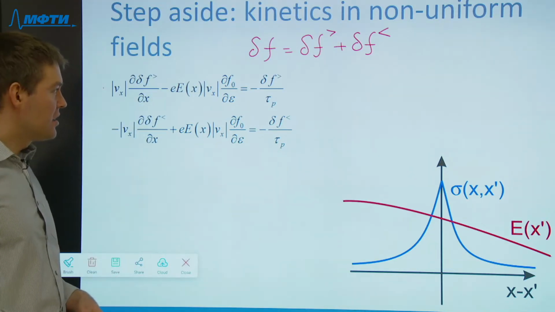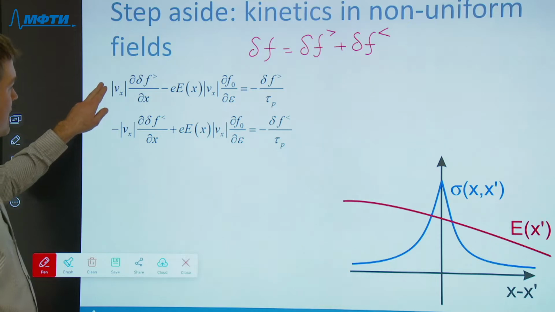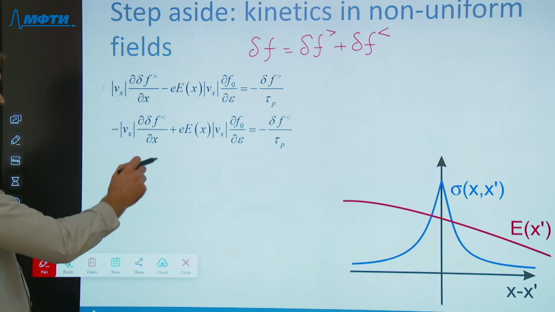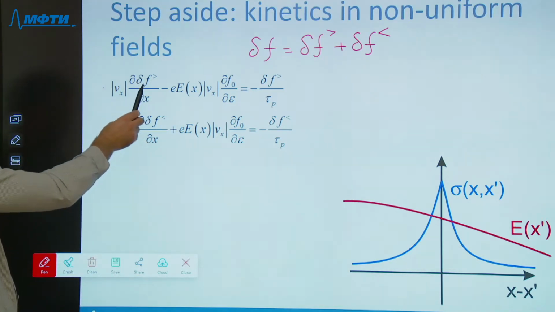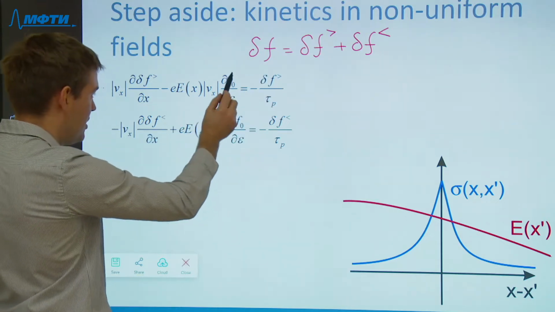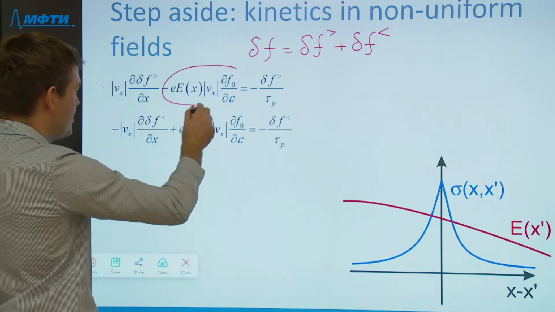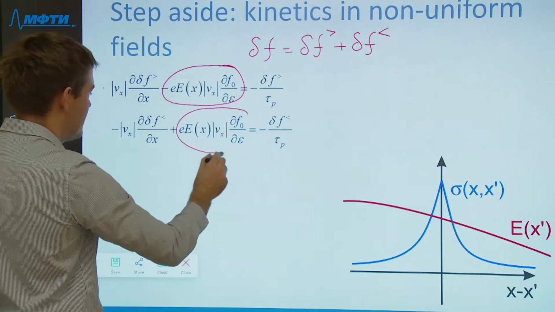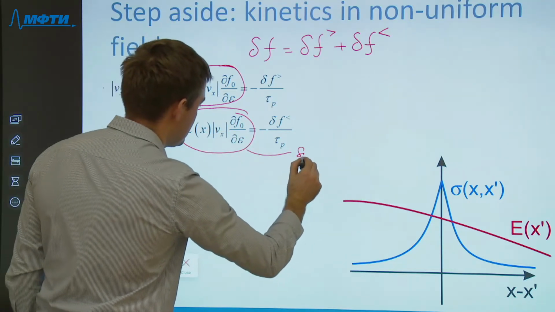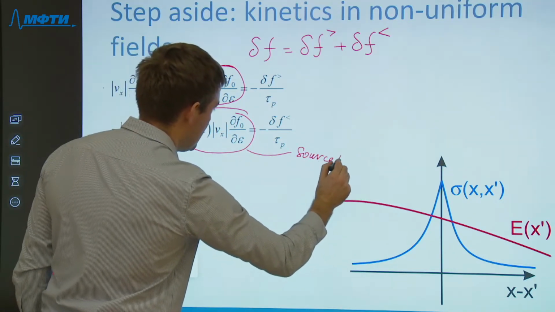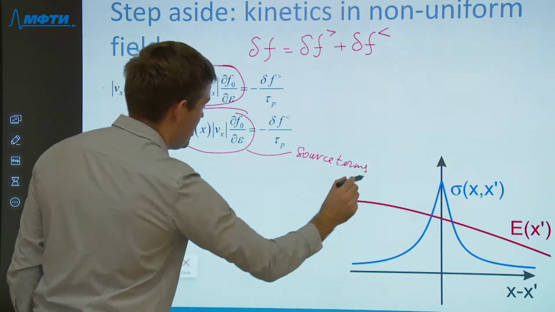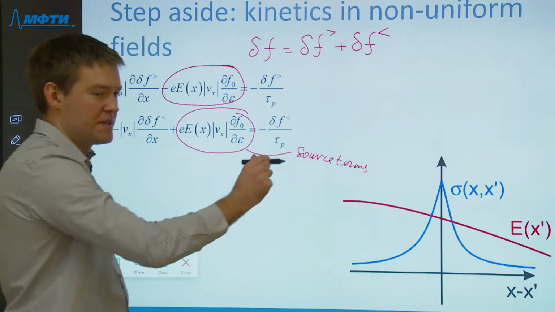And this equation has a very simple solution. This is actually a differential equation of the first order with some non-trivial source term. These are the source terms. Well, this has a very simple structure.